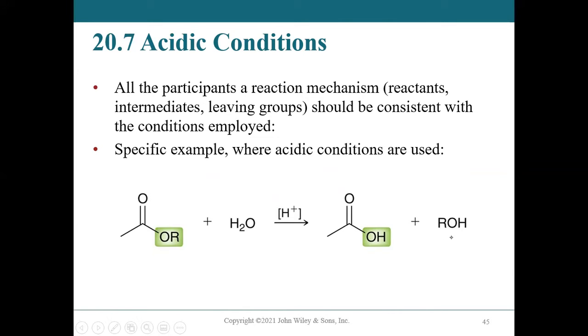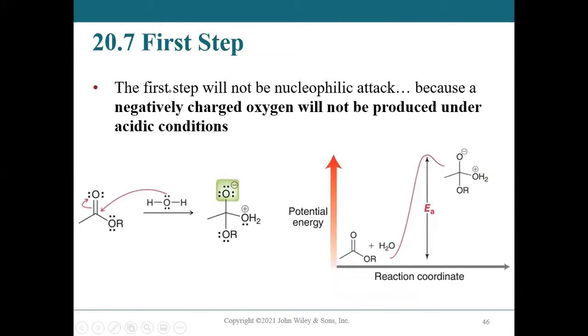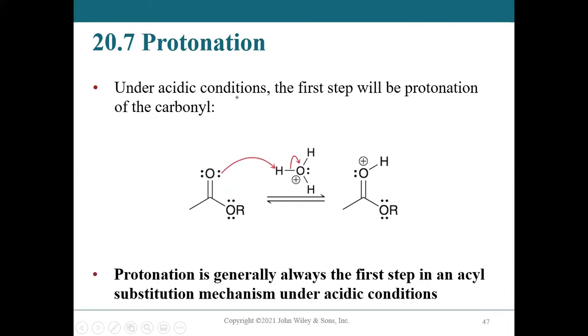a carboxylic acid and an alcohol. The first step will not be nucleophilic attack because a negative charge on the oxygen will not be produced under acidic conditions. So, under acidic conditions, the first step will be the protonation of the carbonyl.